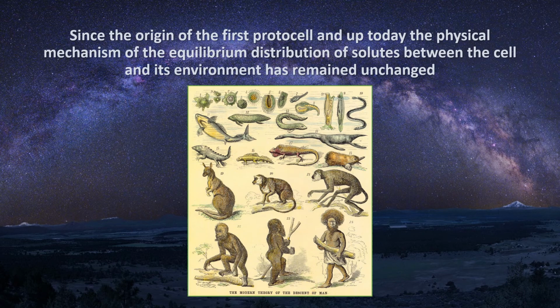The available experimental data suggests that since the origin of the first protocell and up to date, the physical mechanism of the equilibrium distribution of solutes between the cell and its environment has remained unchanged.